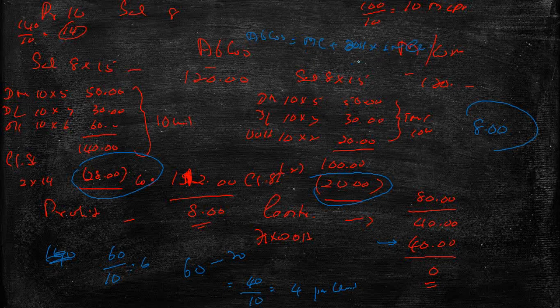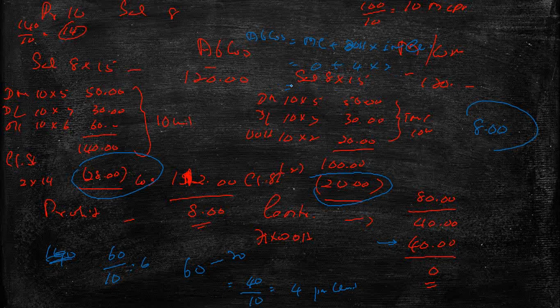Opening inventory was 0, now we have 2, so plus 2. Marginal cost profit is 0. The fixed overhead absorption rate is 4. 4 into 2 is 8. That is the way that we reconcile the profit.